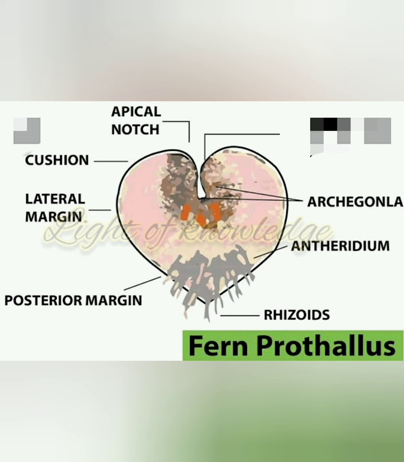We see rhizoids in the posterior margin, and in the posterior parts the antheridium, and in the anterior parts the archegonium. The antheridium is the male reproductive organ, and the archegonium is the female reproductive organ of ferns.